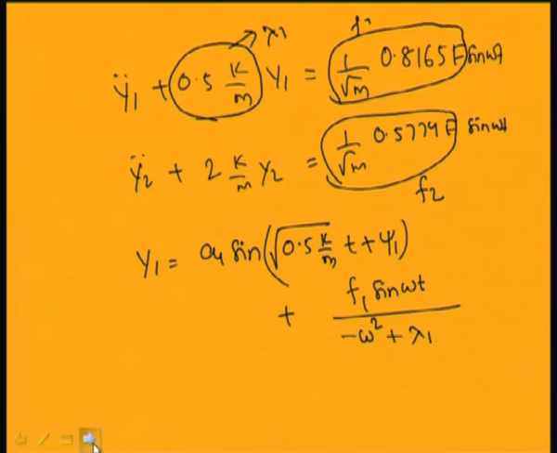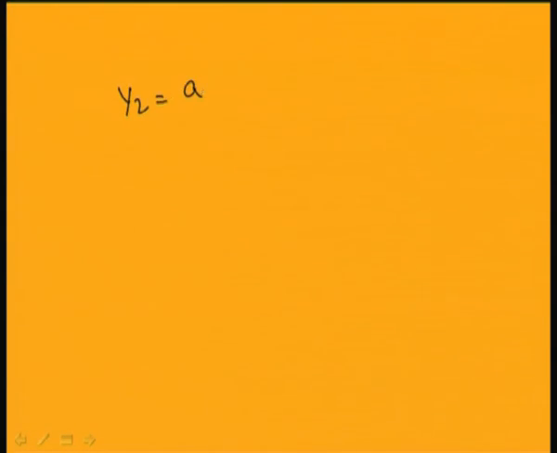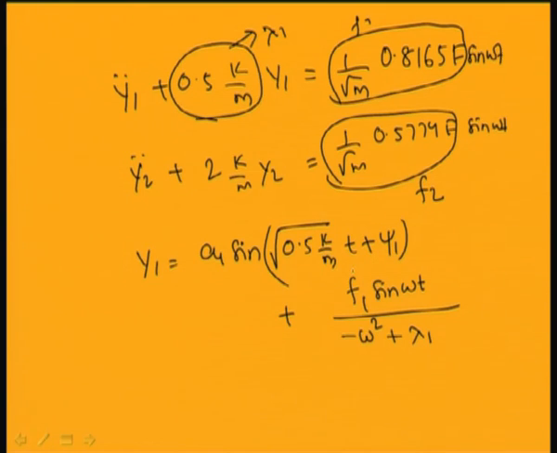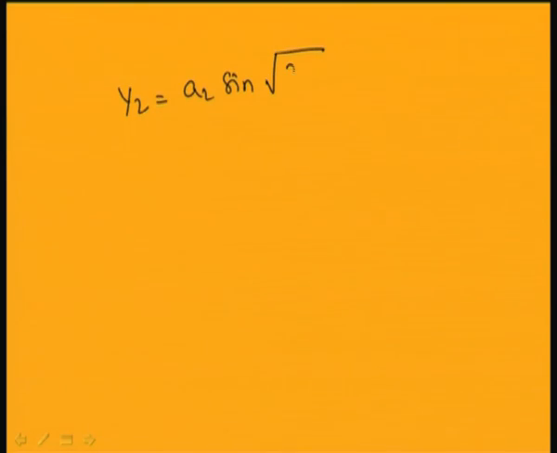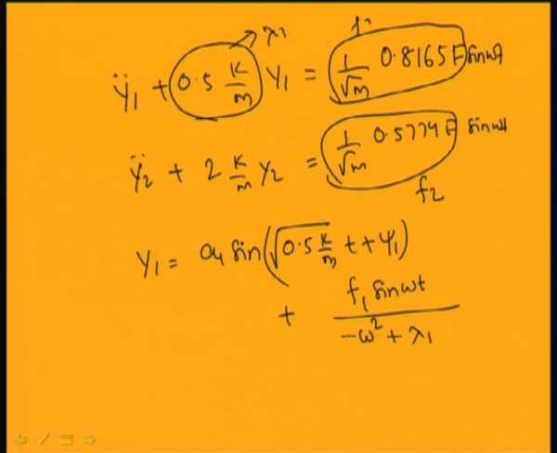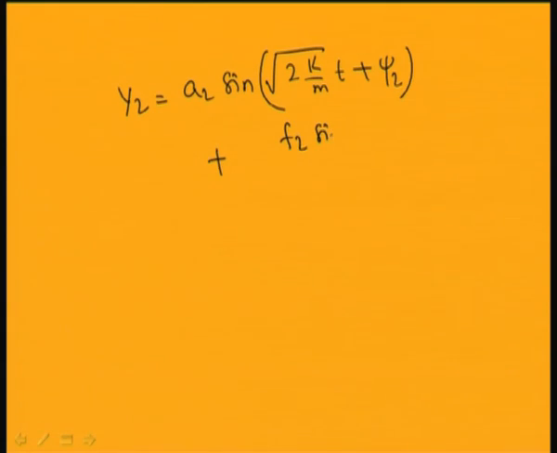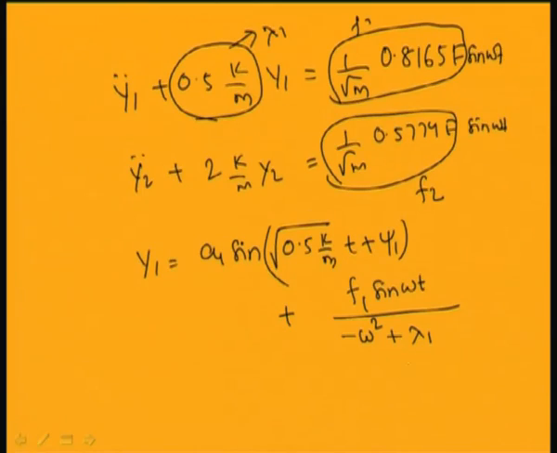Similarly, y2 can be written as y2 equal to a2 sin of root over 2 k by m t plus psi 2, plus the particular integral part f2 sin omega t by lambda 2 minus omega square. Lambda 2 is equal to 2 k by m, and lambda 1 is equal to 0.5 k by m.